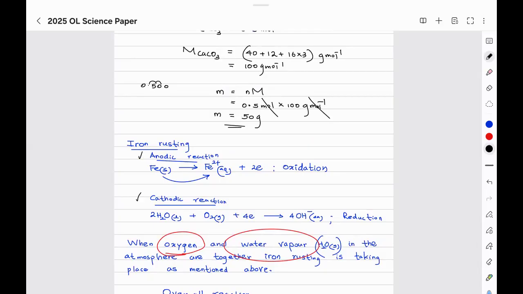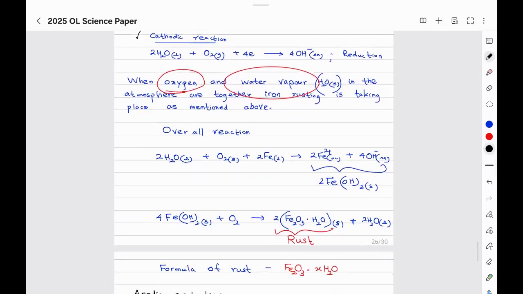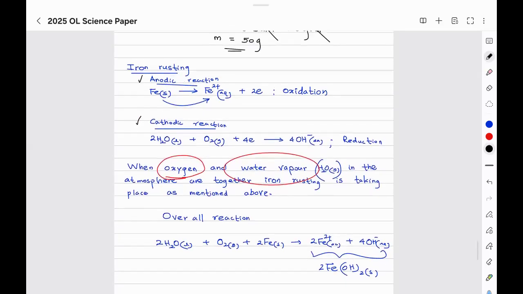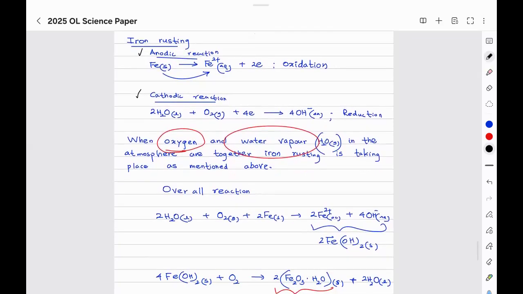One is oxidizing and the other one is reducing. One releasing electrons is oxidation and the other taking up electrons means reduction. So when you combine these two reactions, you can get the overall reaction. Okay. So let's discuss that under the theory revision. Don't worry about it.